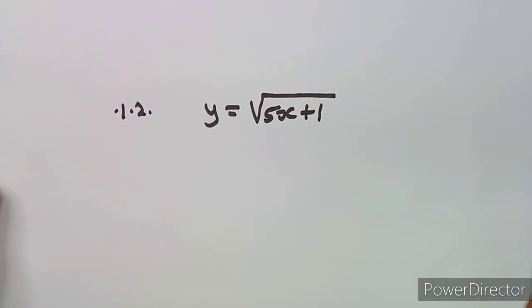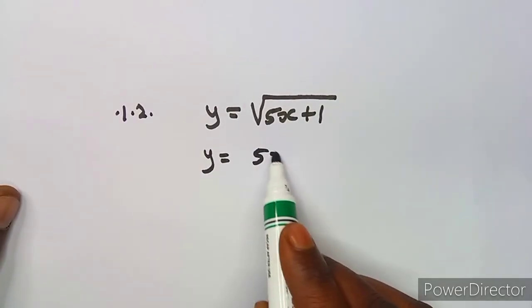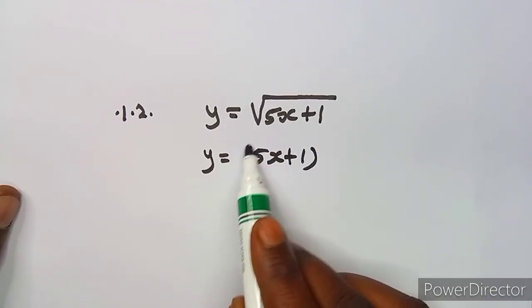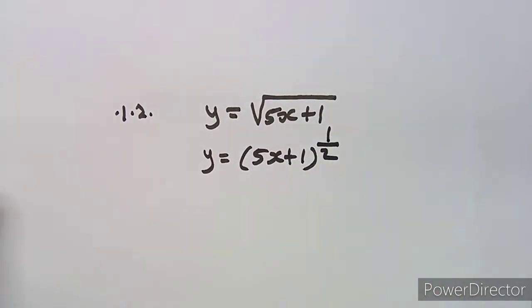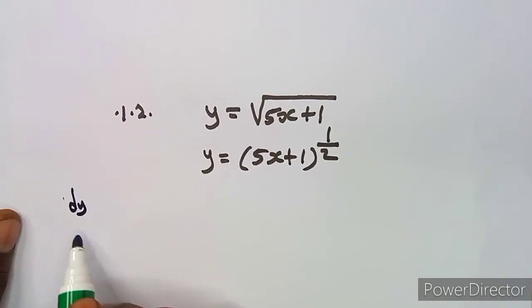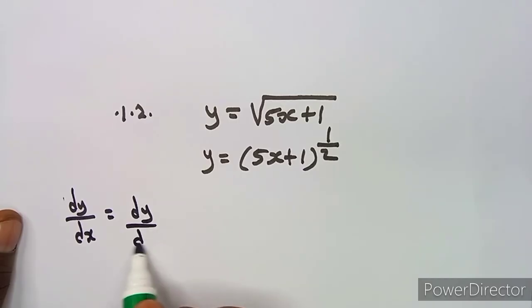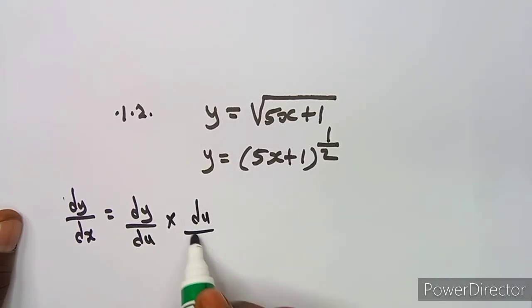We know that the function of a function, the chain rule, is something that you're supposed to apply, where we can rewrite the square root of 5x plus 1 as 5x plus 1 to the exponent of a half. From the formula, the function of a function states that dy dx is equivalent to dy du times du dx.